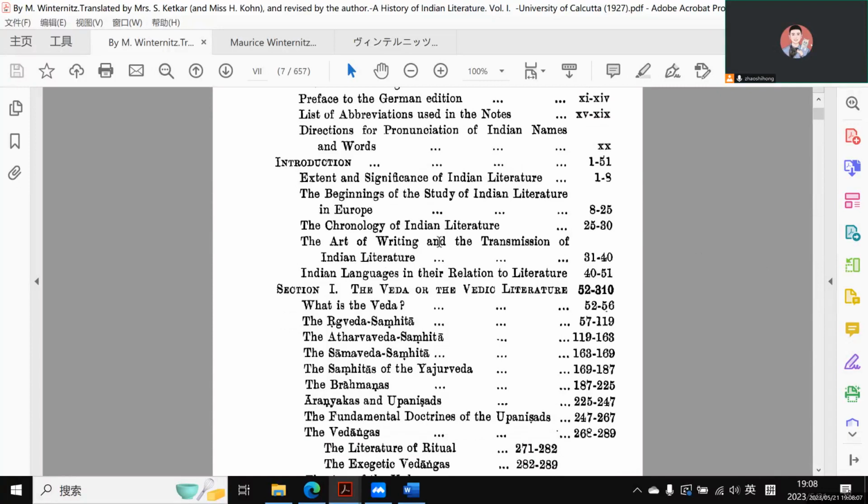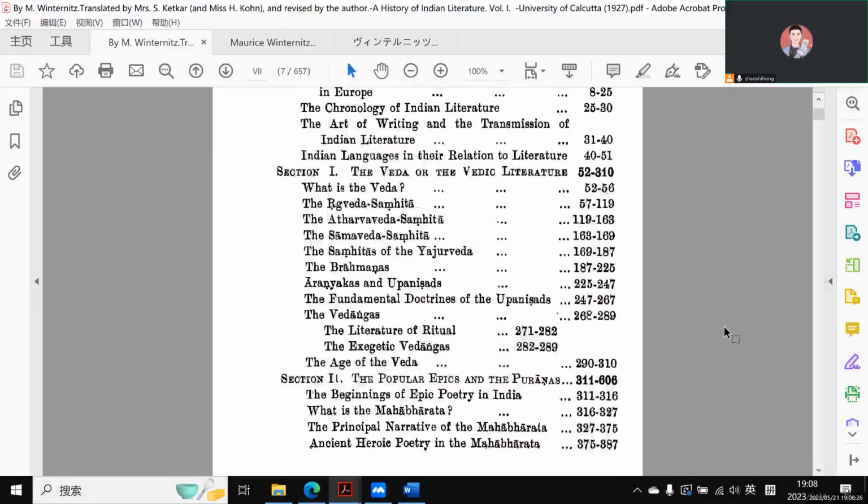Today, if we have enough time, we will mainly go through the introduction part, about 50 pages. I think that's really enough for today's task. Okay, now let's start.